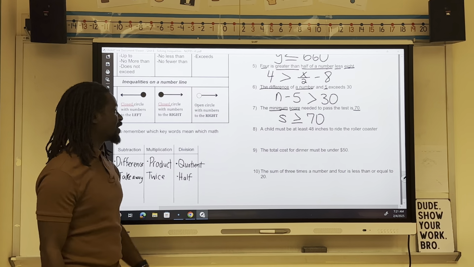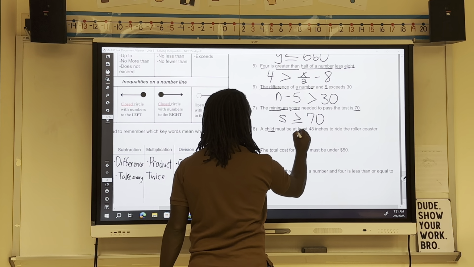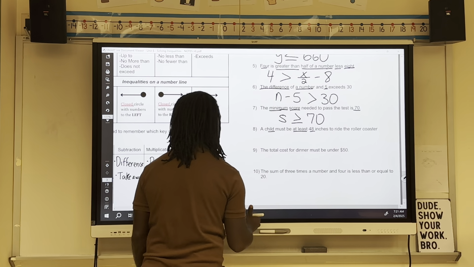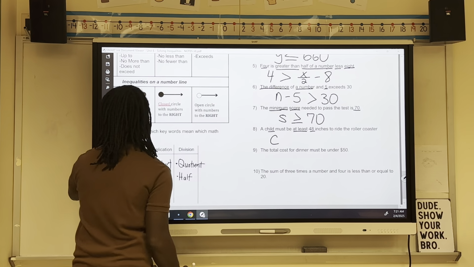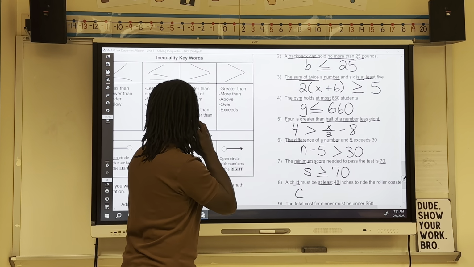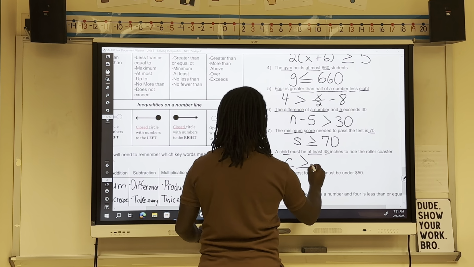All right. If a child must be at least, okay, child is the variable, at least 48 inches to ride the roller coaster. So child at least, greater than or equal to 48.